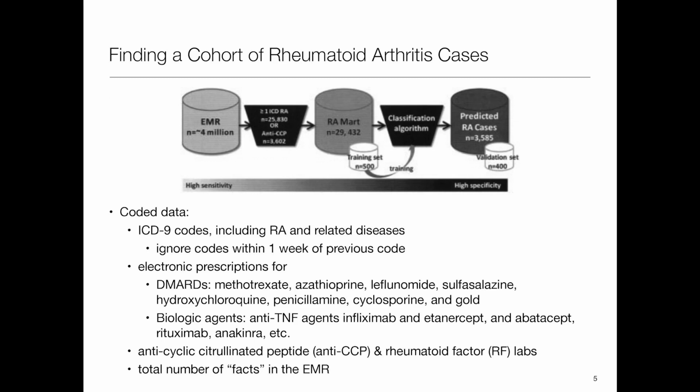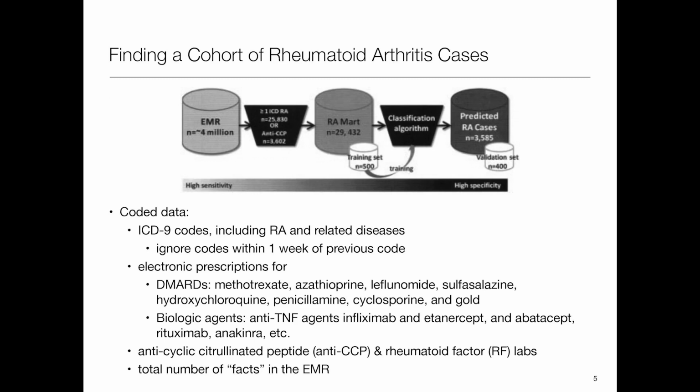And then we looked at 500 cases, which we got gold standard readings on, and then we trained an algorithm that predicted whether this patient really had RA or not.